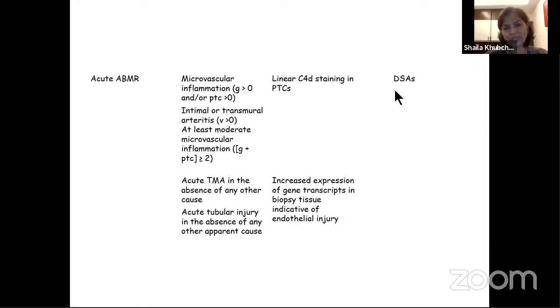And so it has been thought that some gene transcripts to show us the presence of specific endothelial injury may be required in future. I don't think they have come out in the market for everybody to perform, but trials are ongoing. But I stand corrected because I only talk about India.